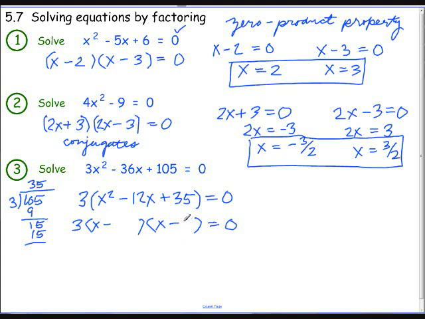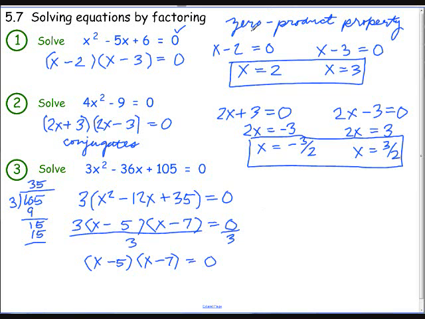Okay, I see what it is. Do you? 7 and 5. Negative 5 times negative 7 gives me 35. Minus 5x plus minus 7x gives me minus 12x. So I divide everything through by 3 on both sides, and I end up with x minus 5, x minus 7, those two binomials, the product of those equals 0.